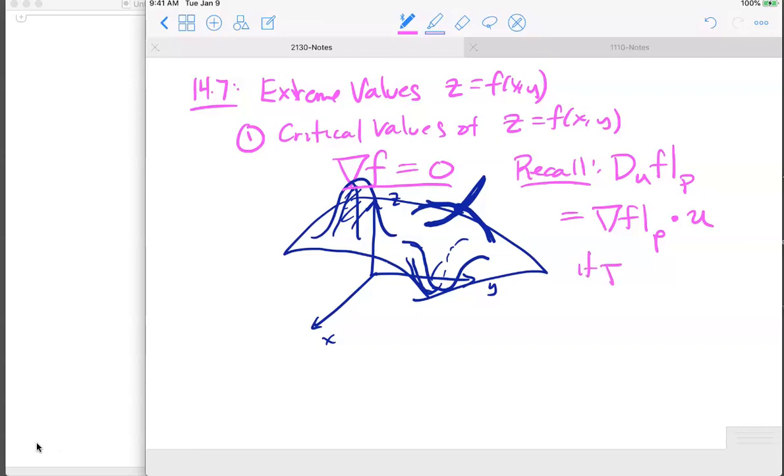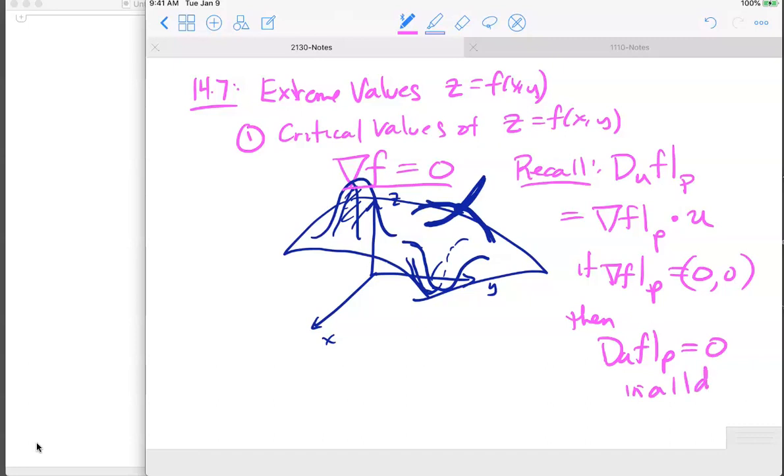So if the gradient of the function at the point P is equal to the 0 vector, then you know that the directional derivative at that point P will be 0 in all directions u. So what we're essentially trying to say is that we're looking for these points on the surface where the function is essentially flat in all the different directions.